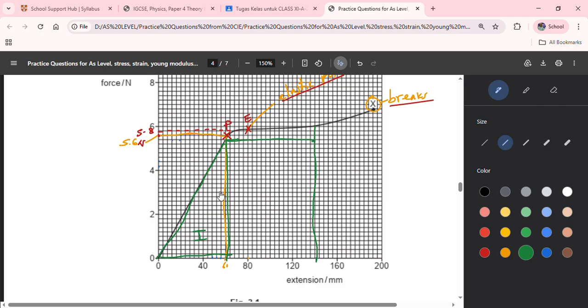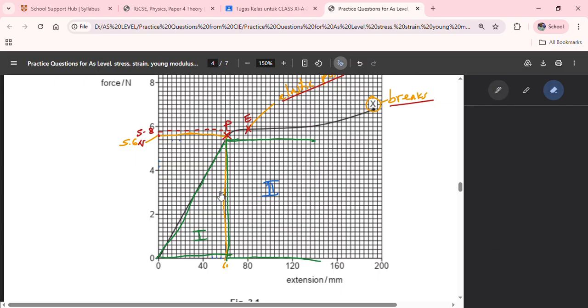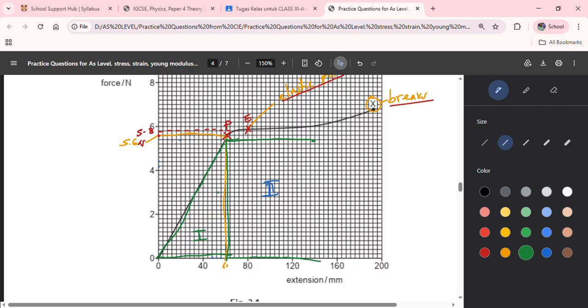This one. Okay, this is the second one, which is number 2, the green one.